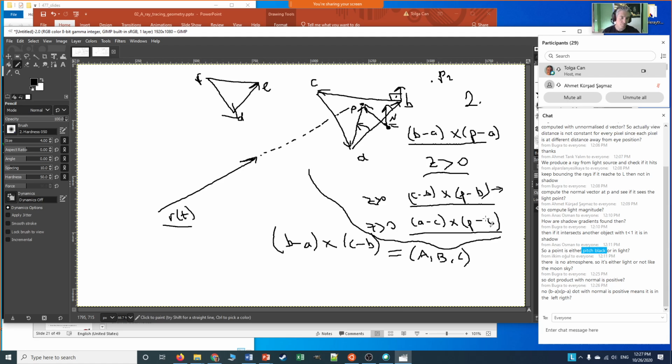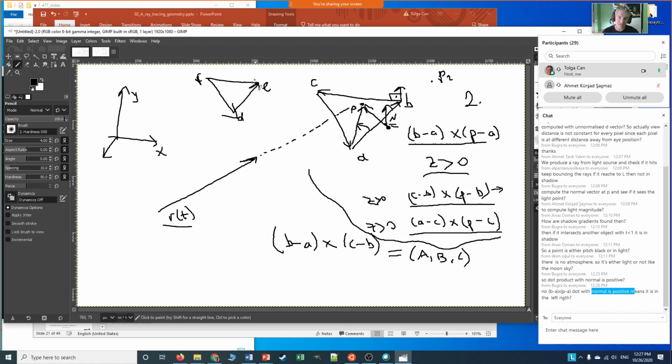Oh yeah, so this one, p minus a: if the normal is positive, it means the normal is in the upwards direction. Yeah, exactly. What I want to warn you is that the definition of positive is not well defined like this. If this is your 2D plane with the x-axis and y-axis, positive z will always be this way.